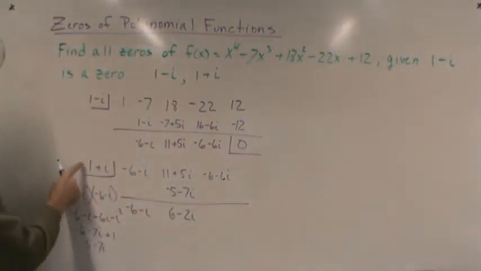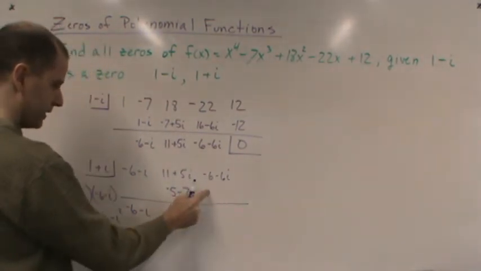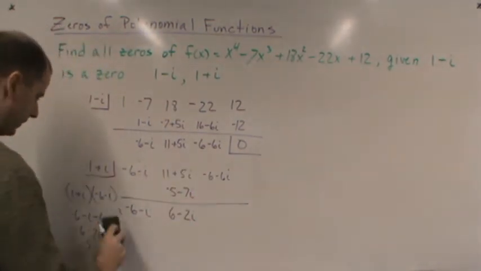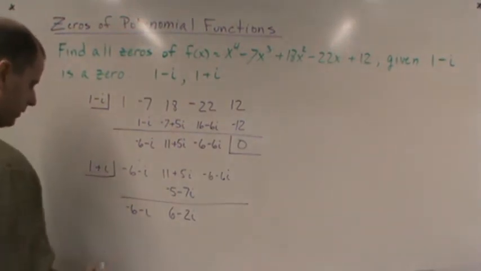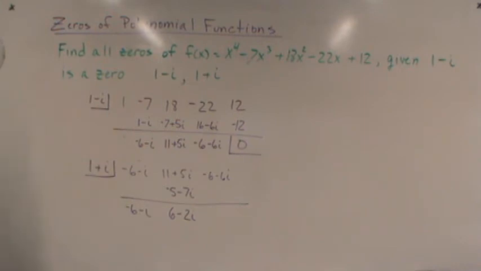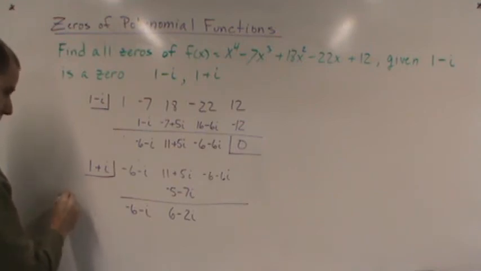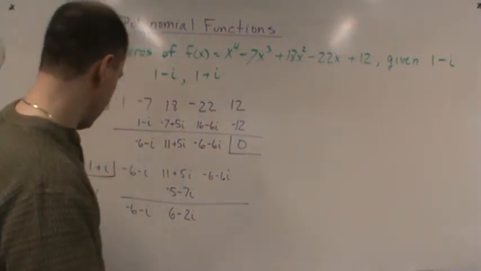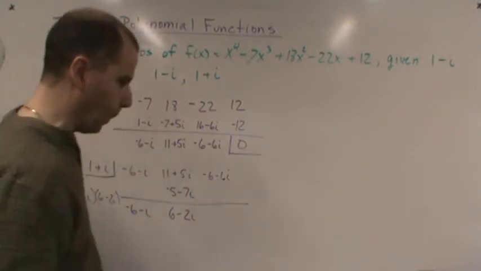Okay, now I know this is a 0, so I should get 0 here. So I should get 6 plus 6i next. Okay, so let's see what happens. I get 1 plus i times 6 minus 2i.